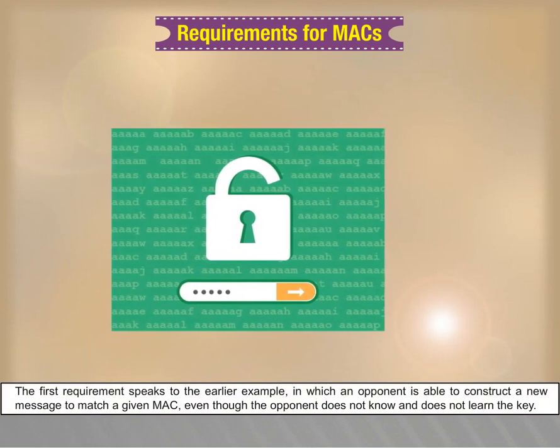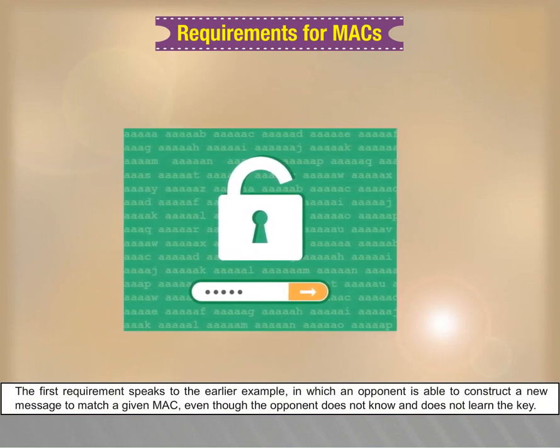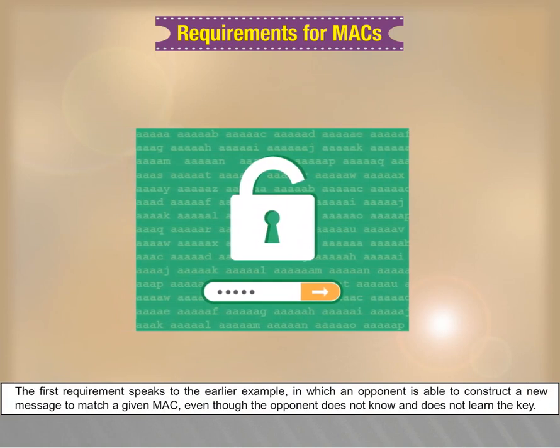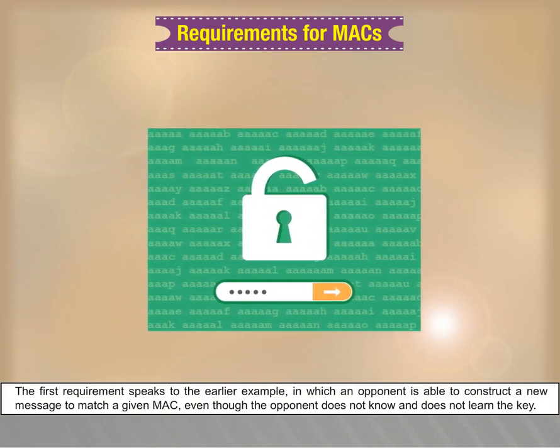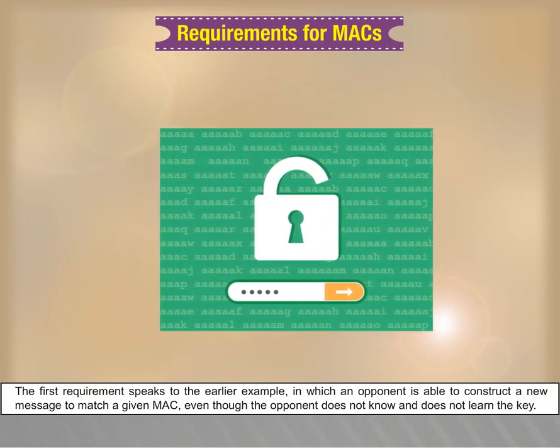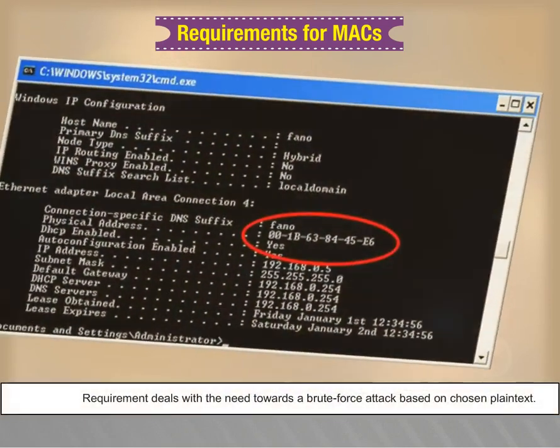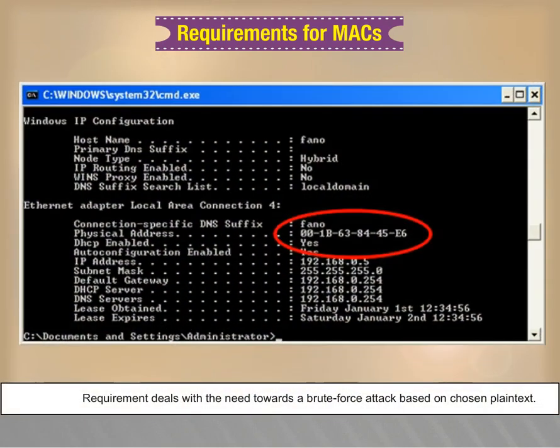The first requirement speaks to the earlier example, in which an opponent is able to construct a new message to match a given MAC, even though the opponent does not know and does not learn the key. Requirement 2 deals with the need to thwart a brute force attack based on chosen plaintext.